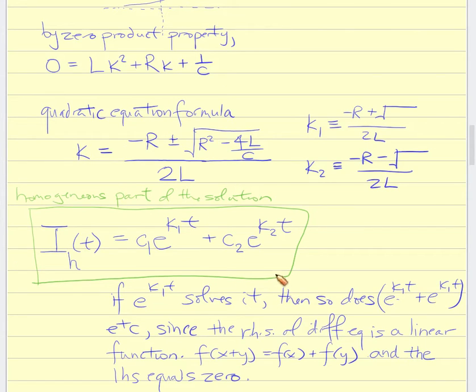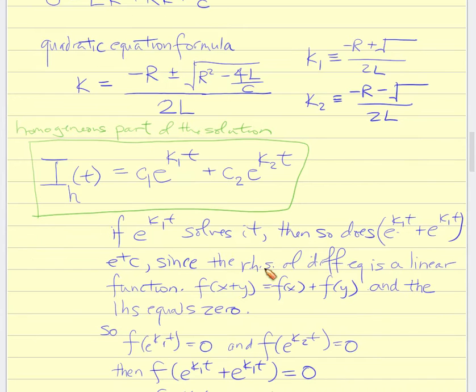So actually what we're going to do is take a linear combination of them. That just means we're going to take some constant c1 times the e to the k1 t solution, and add it to some other constant c2 times the e to the k2 t function. So why is this okay, and why is this necessary to be more general?